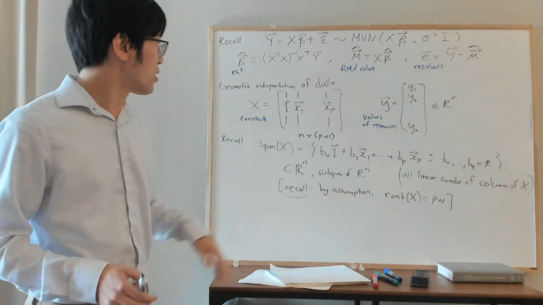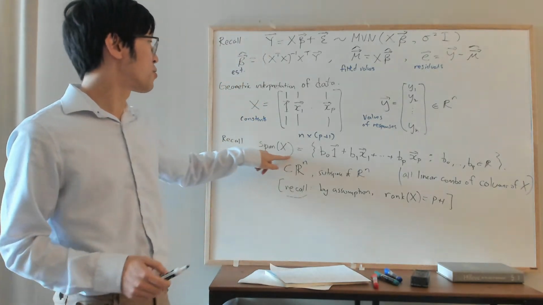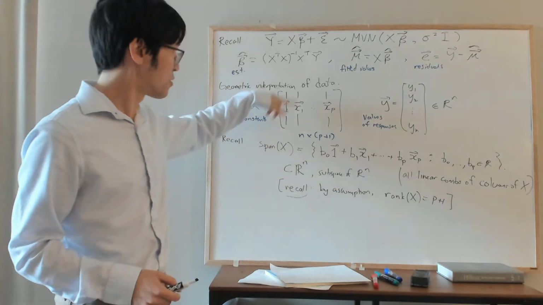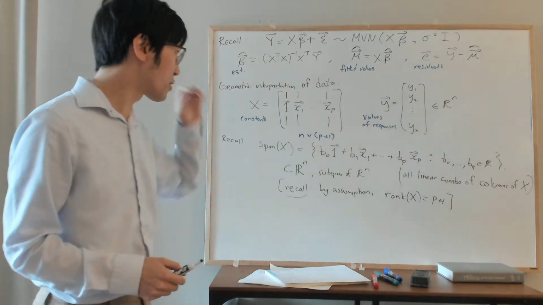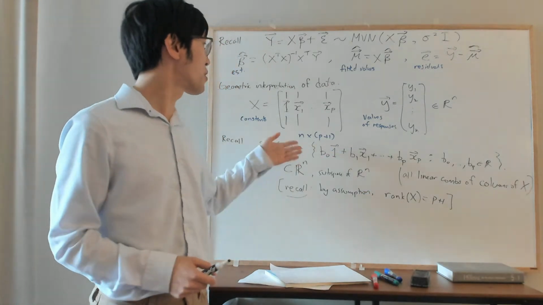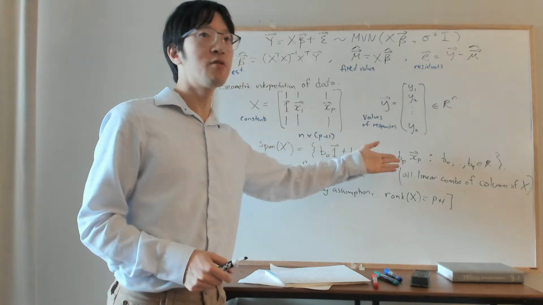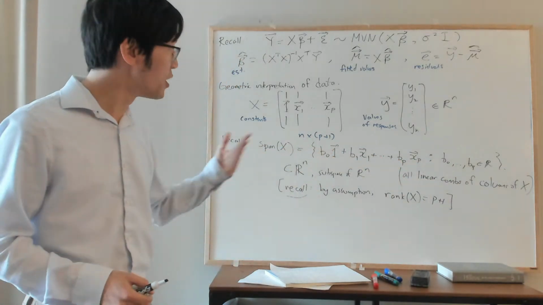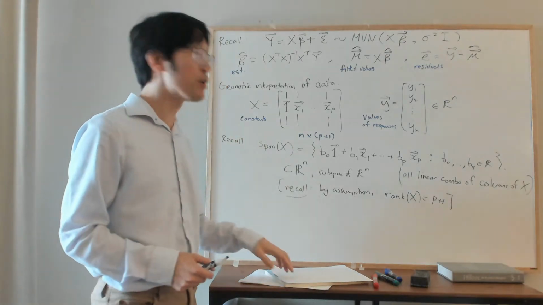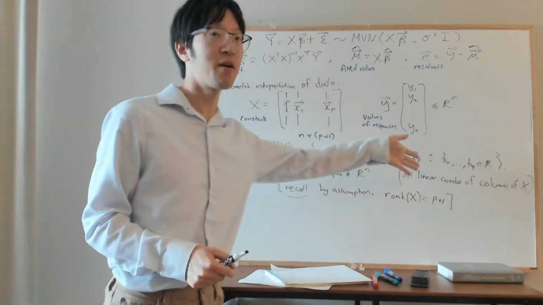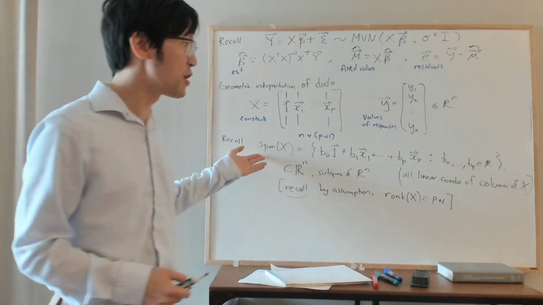If we look at it in terms of the span of the vectors making up this X matrix, a linearly dependent column is not going to add anything to the span. In other words, for the set of possible predictions you can make using those X's, you don't gain anything by adding linearly dependent columns. It doesn't change the span.